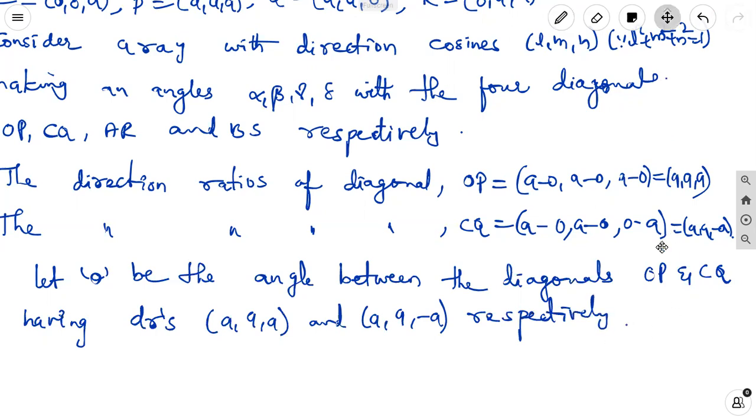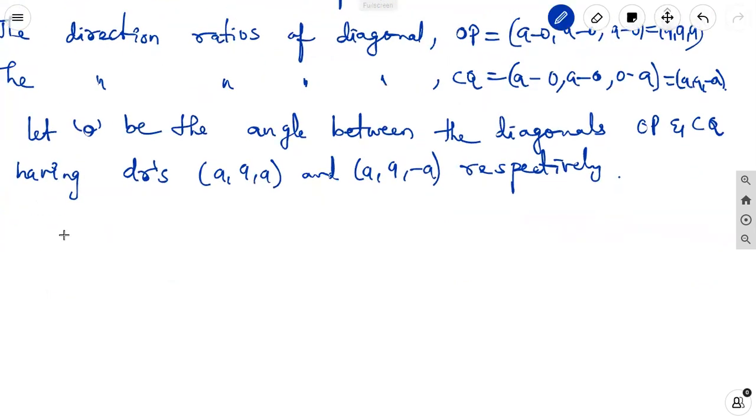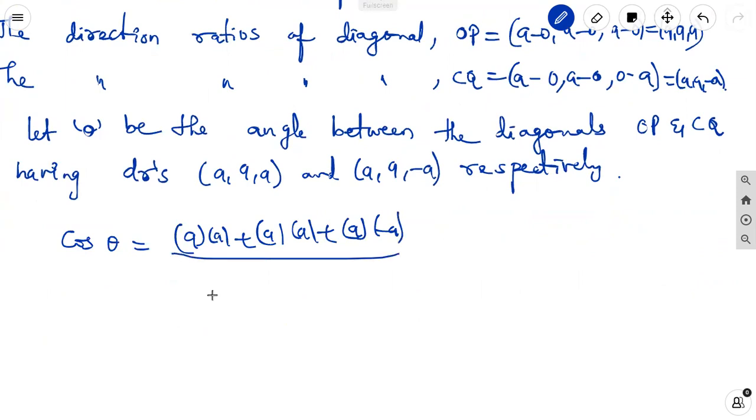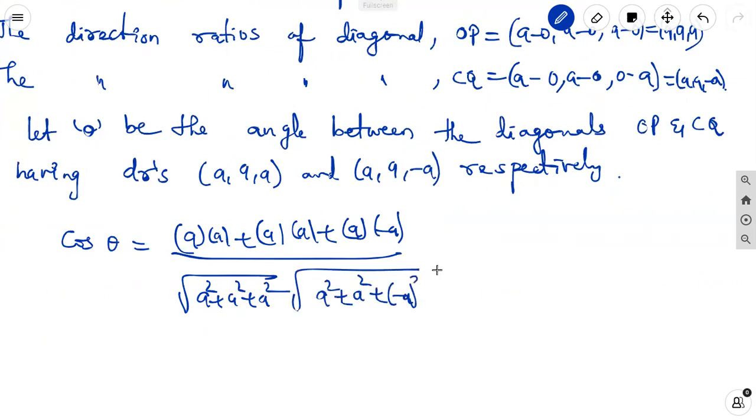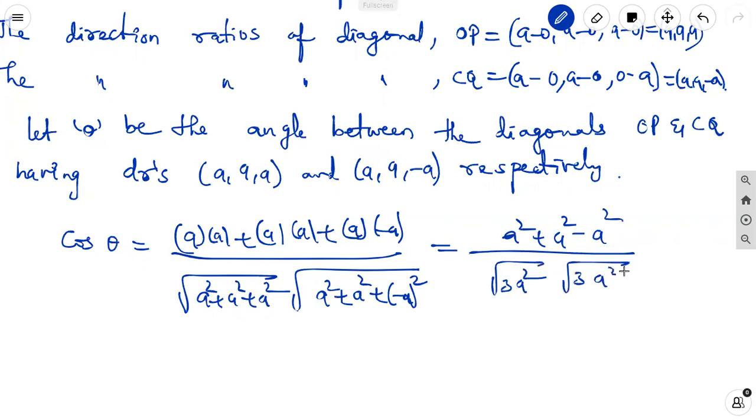Then the angle between the two direction ratios, the angle is theta, means cos theta equal to A into A plus A into A plus A into minus A by under root of A square plus A square plus A square under root of A square plus A square plus minus A whole square. It is A square plus A square minus A square by root 3A square under root 3A square.